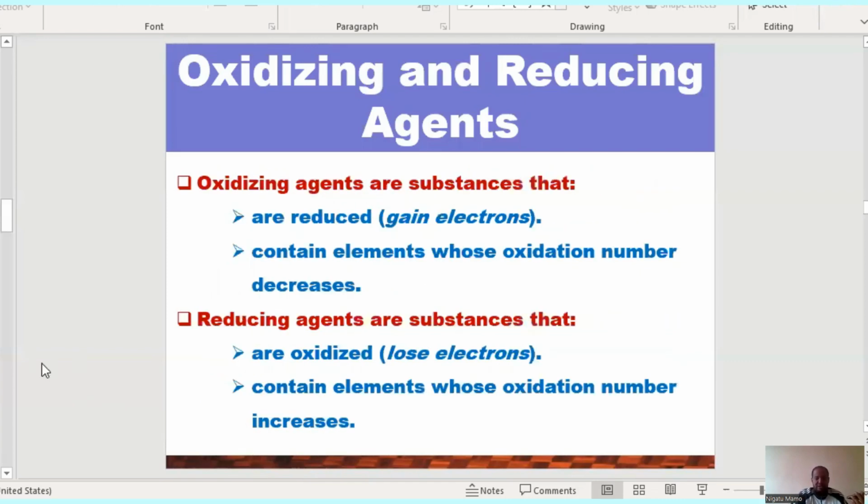Oxidizing agents are substances that are reduced or gain electrons, and contain elements whose oxidation number decreases. Reducing agents are substances that are oxidized or lose electrons and contain elements whose oxidation number increases.